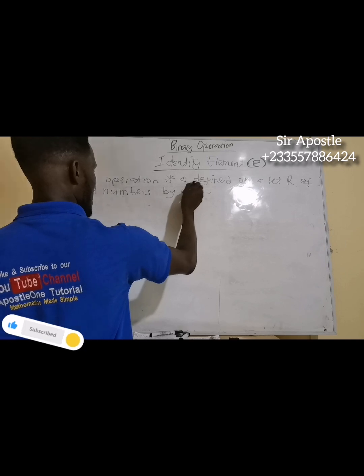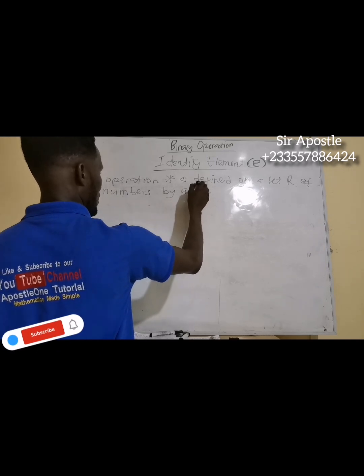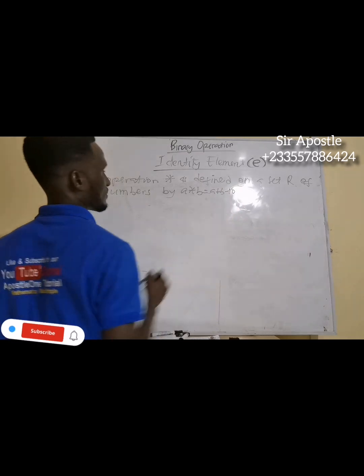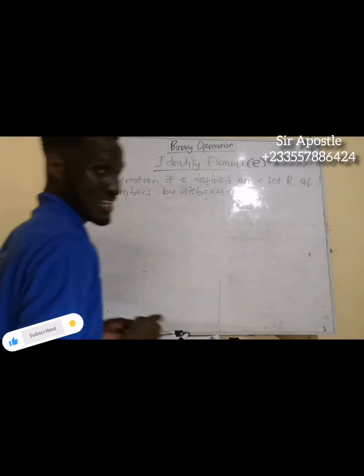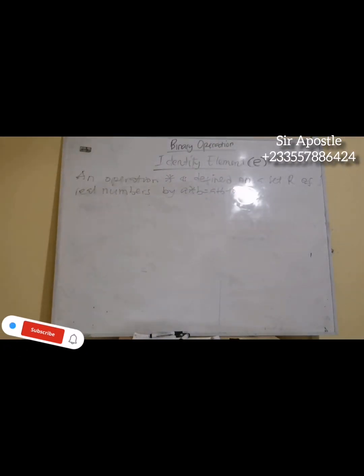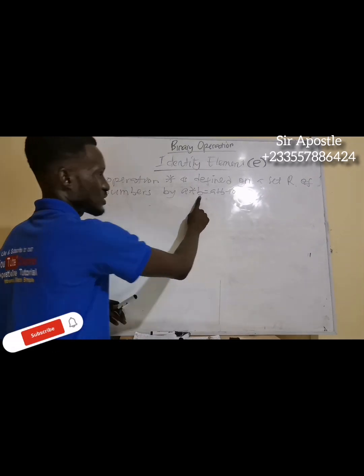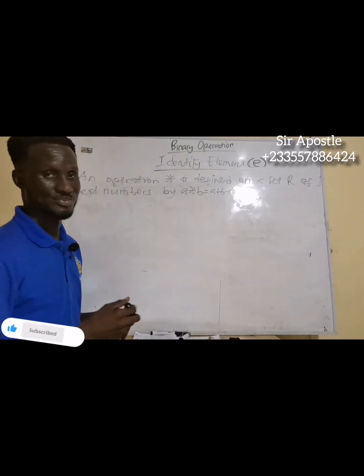So let's say A operation B is giving me A plus B minus 10. Is this clear? Here, A operation B is equal to A plus B minus 10.